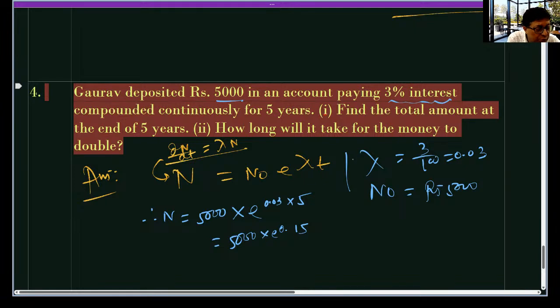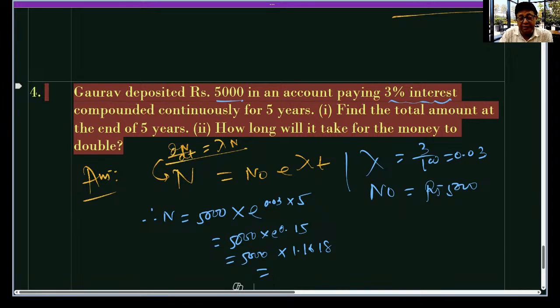The table is given in your book. You got that e to the power 0.15 coming to be 1.1618. Okay. Now calculate this with the calculator.